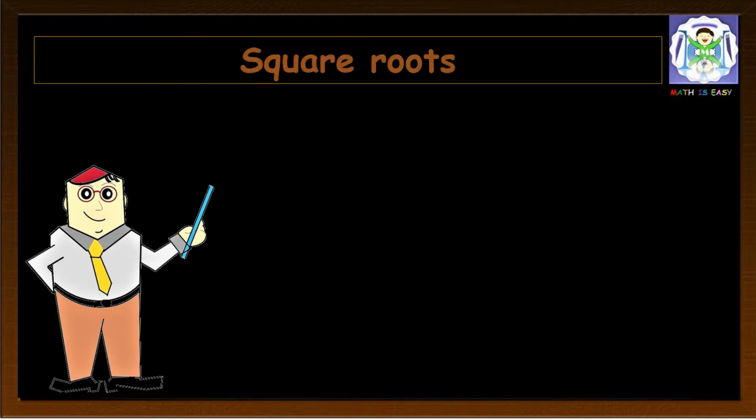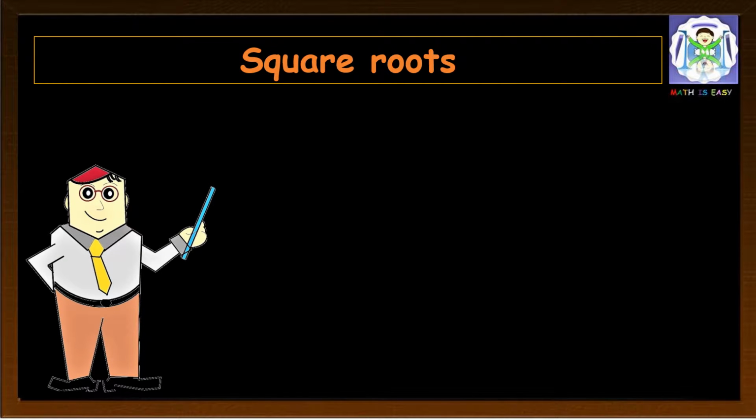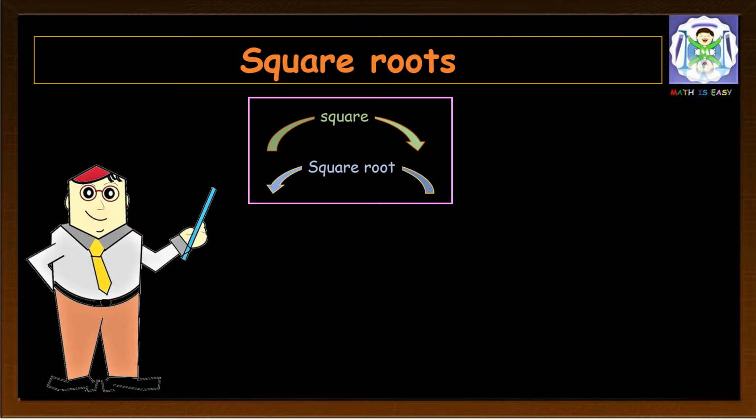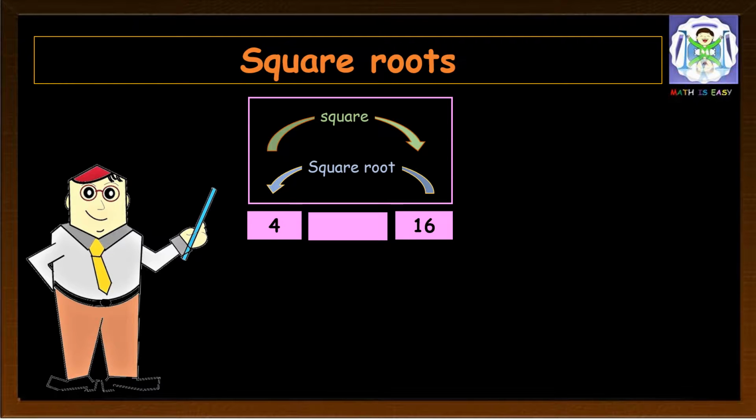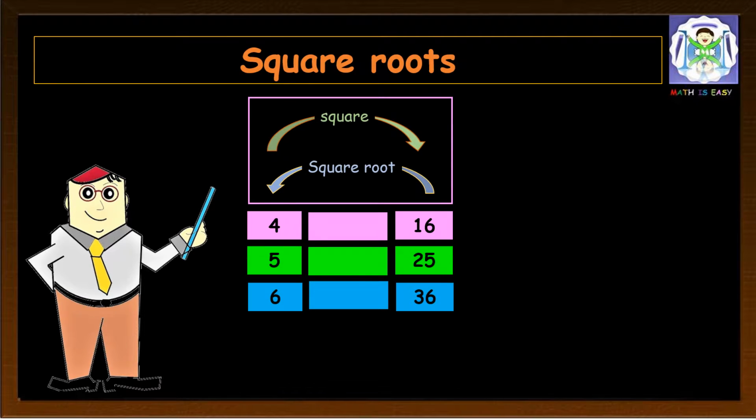Now I'm showing you one small table so you can relate the square with the square root. Here you see that the square of 4 is equal to 16, and the square root of 16 is equal to 4. The square of 5 is equal to 25, and the square root of 25 is equal to 5, because as per the definition, it's just the inverse of the square.